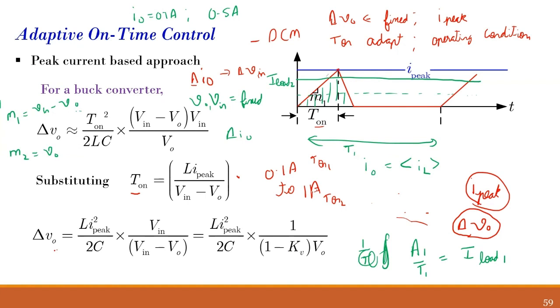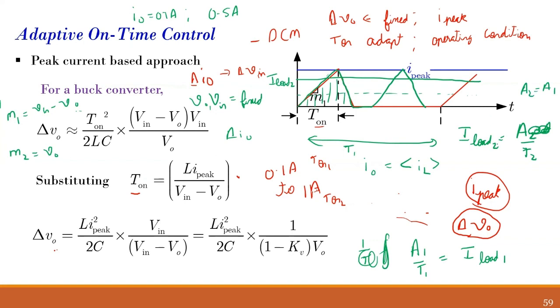So in the load 2 condition, what will happen? It will also be like this, it will be like this, this much. Then again it will rise and fall. This area will remain the same. So for I load 2, area A2 is actually equal to A1, A2 upon T2. Your A2 is equal to A1.